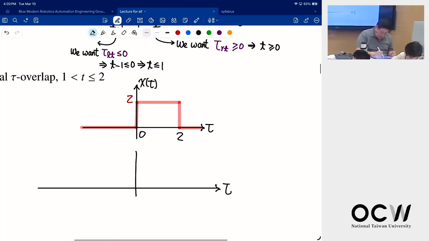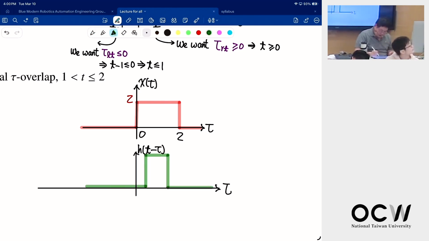So suppose your h is h of t minus tau. This is still 3. This point should be greater than 0, and this point should be less than 2.